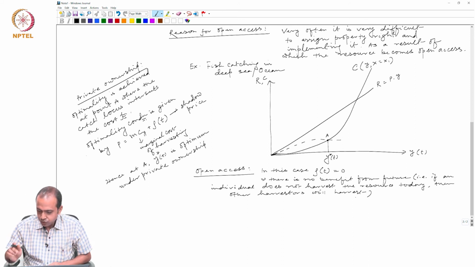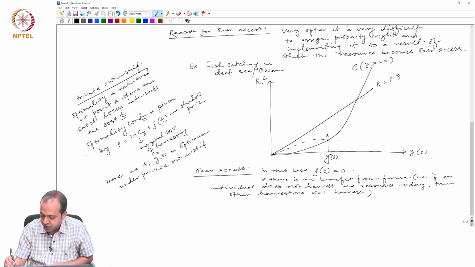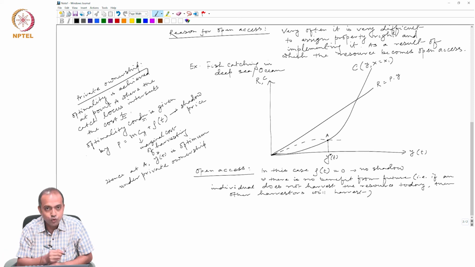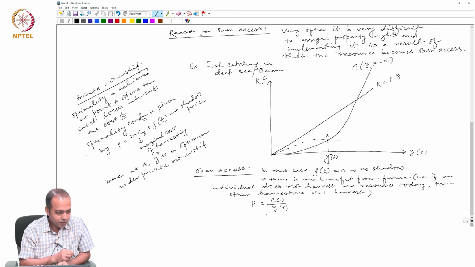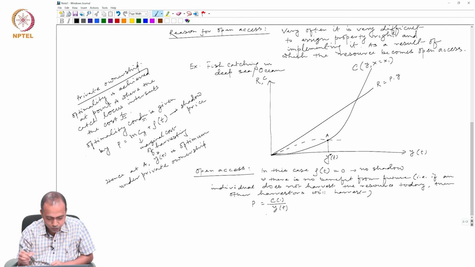So, no shadow price in this case of open access, and price would become only C divided by yt. That means average cost will equal the price.